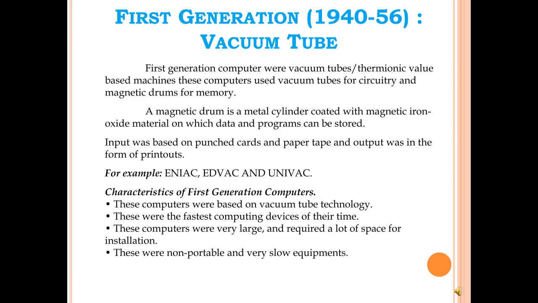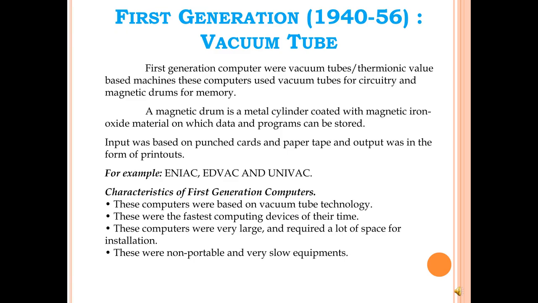They used punch cards and paper tape, and to get the output, they received it in the form of printouts. For example, ENIAC, EDVAC, and UNIVAC. These are the computers which were designed during the first generation.